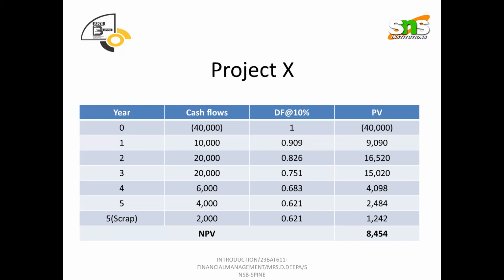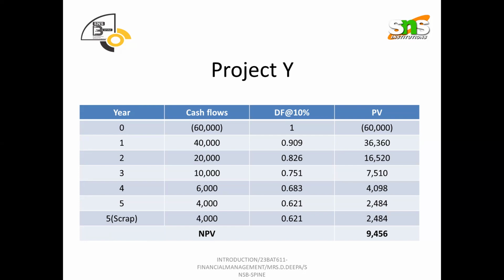Add all these things and you get some value. From that value, subtract this 40,000, since it is an outflow and all the others are inflows. That is why it is represented within brackets. If you solve this, you will get 8,454 as the net present value for project X.